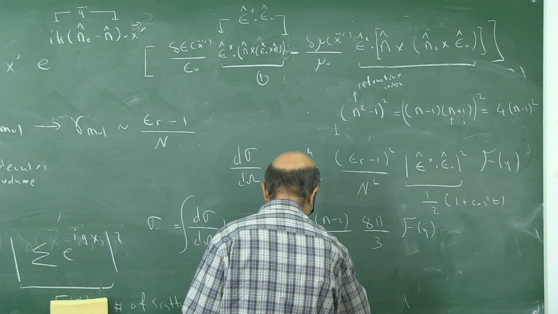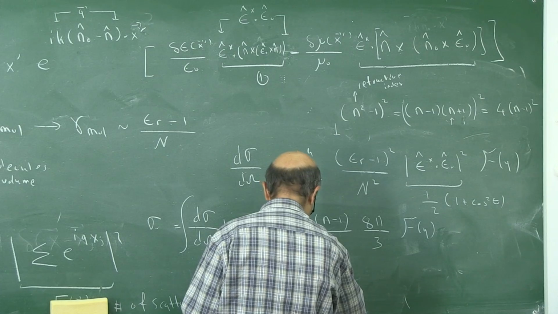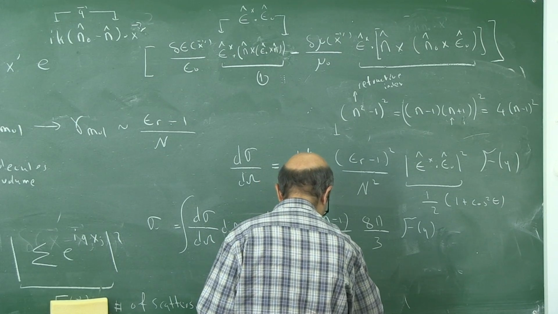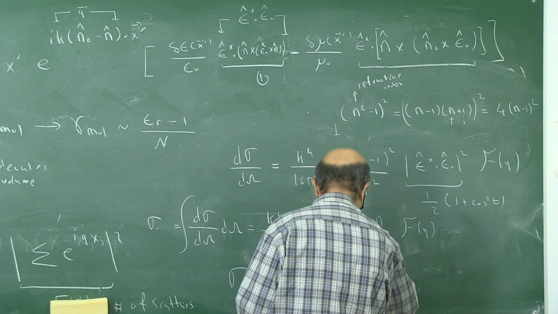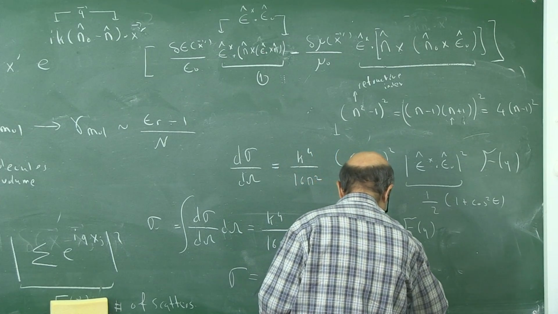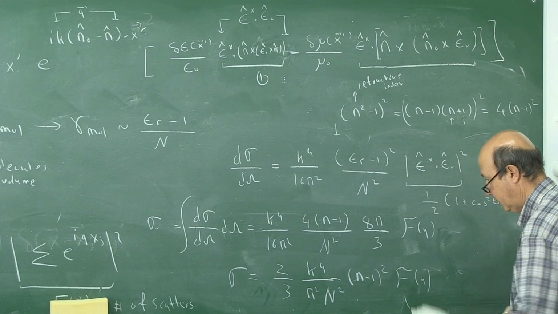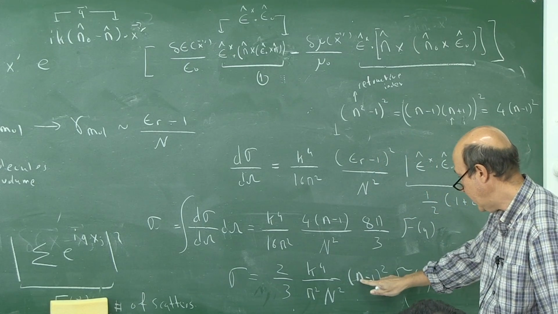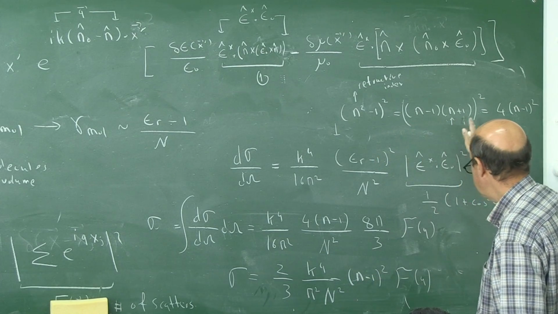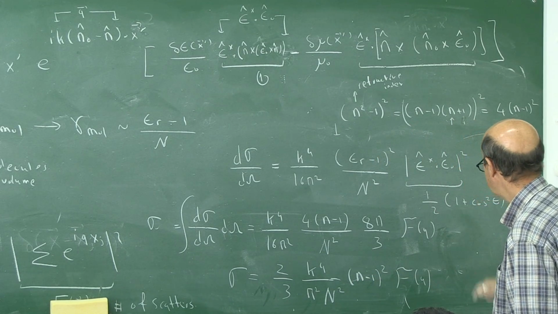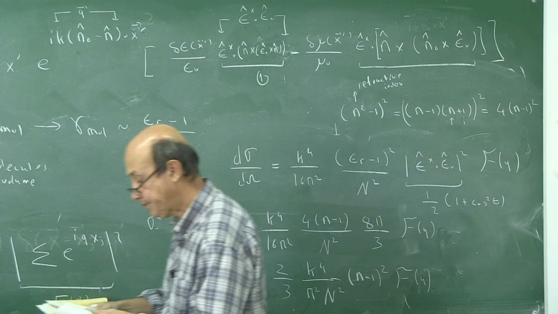K to the 4th times pi square, number of molecules per volume square, n minus 1 square times the structure factor. So for one molecule, this is nothing but that. So n is close to 1, but not exactly. The difference is important, but the addition isn't very important. The addition, n plus 1, is roughly 2.